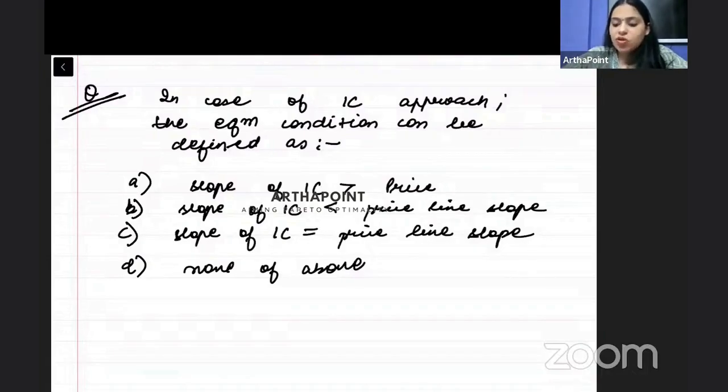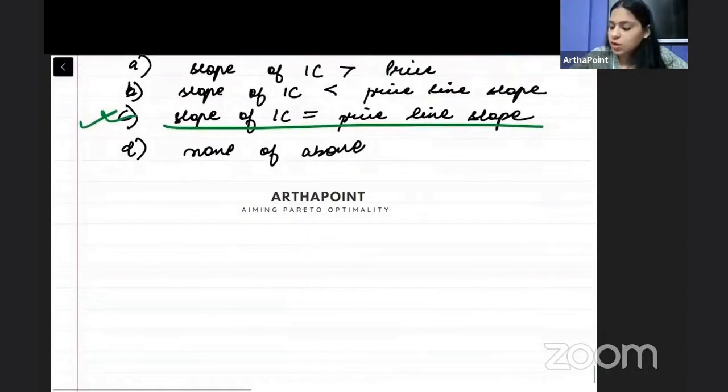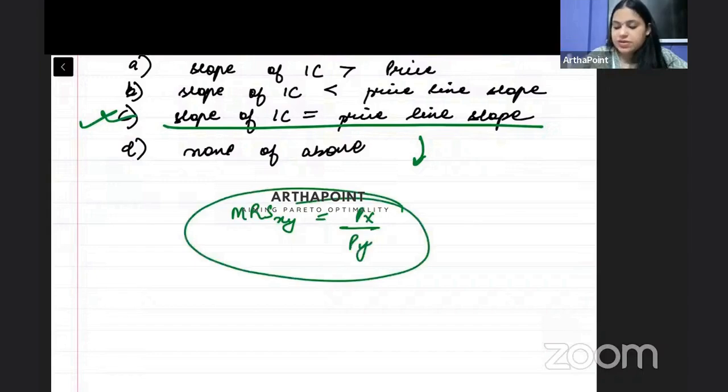Absolutely correct. So the correct option to this question will be answer number C, that IC slope and price line slopes are equal. It means we get MRS is equal to PX by PY. MRS is equal to PX by PY.